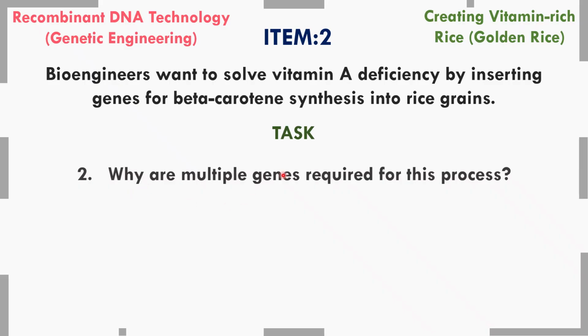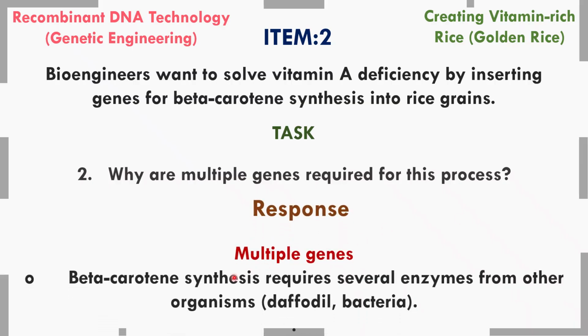Why are multiple genes required for this process? Multiple genes, because beta-carotene synthesis requires several enzymes from other organisms: daffodil, bacteria.